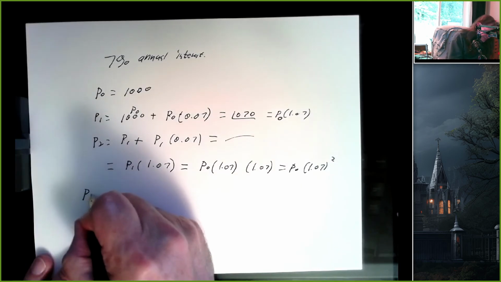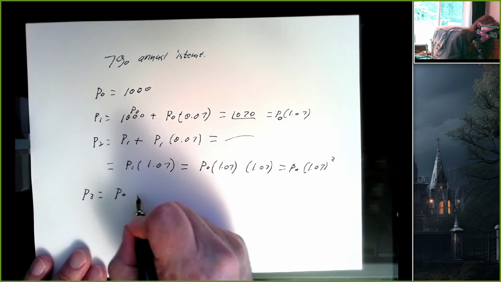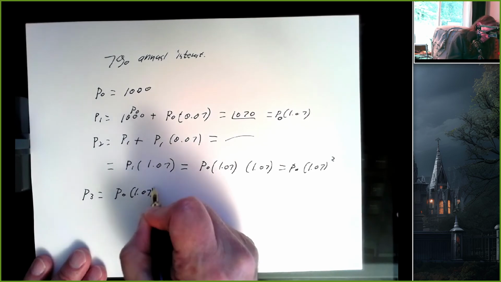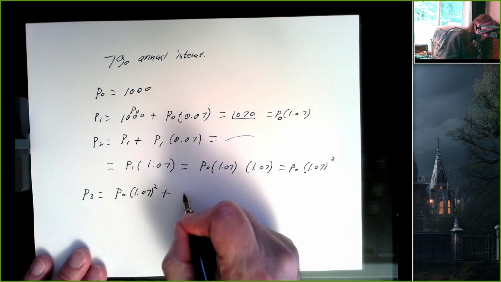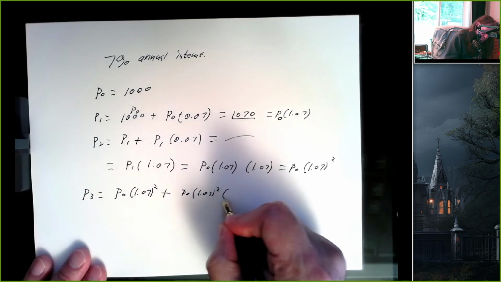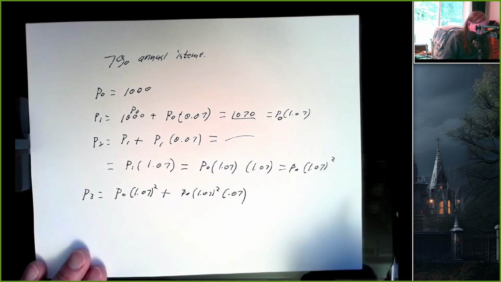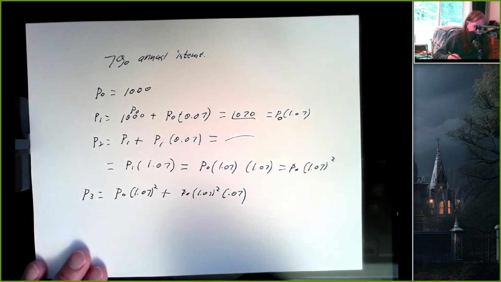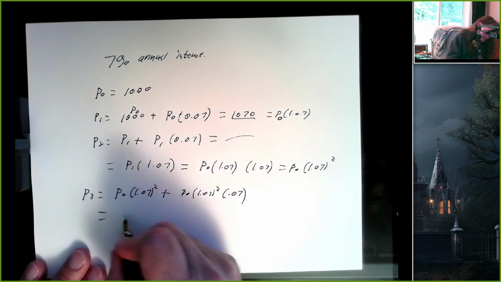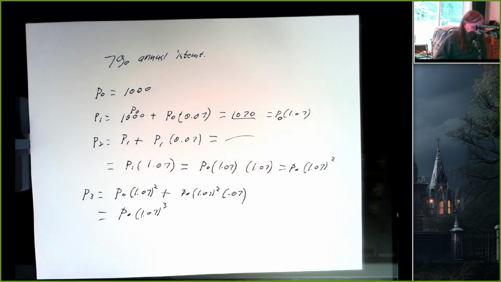And then if you come back a year later, you're going to have all the money you had at the beginning plus 7% of what you had in the beginning. And if you do the algebra, this turns out to be P0 times 1.07 cubed.